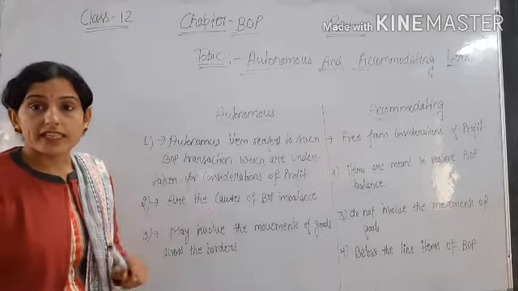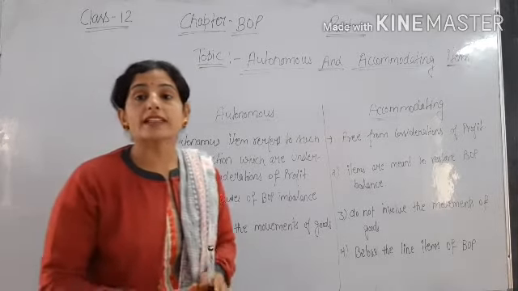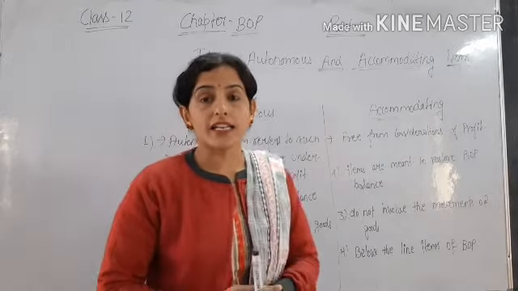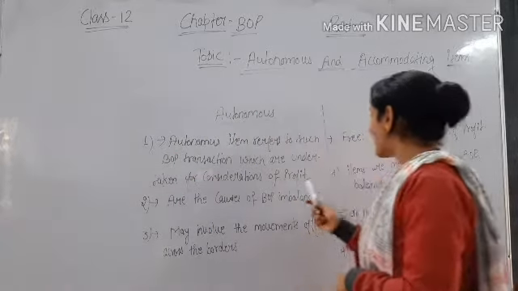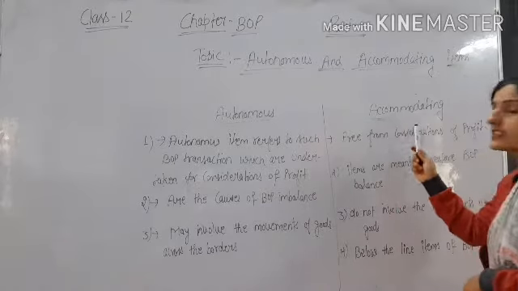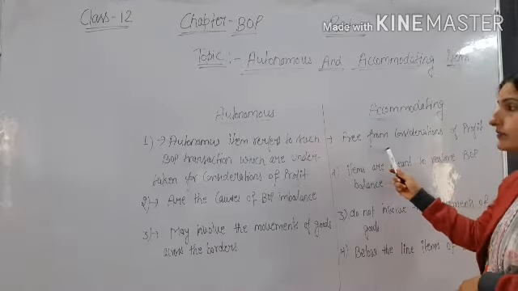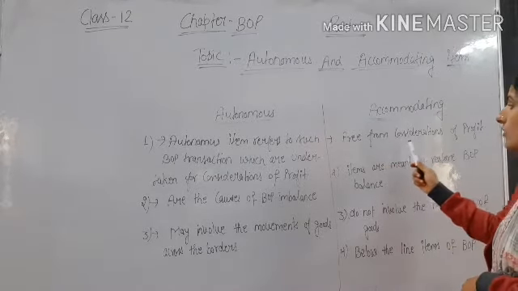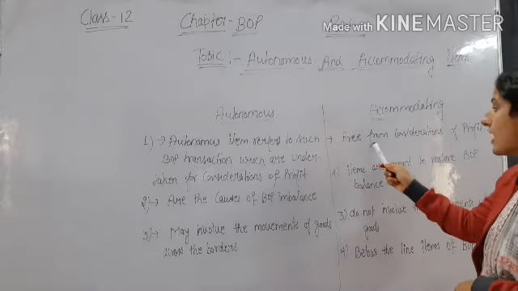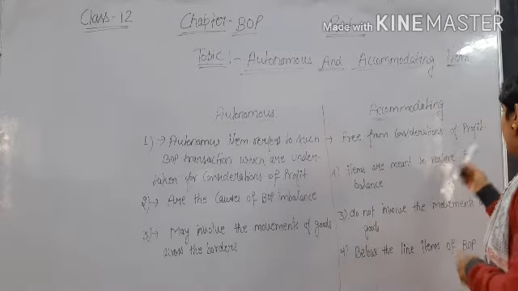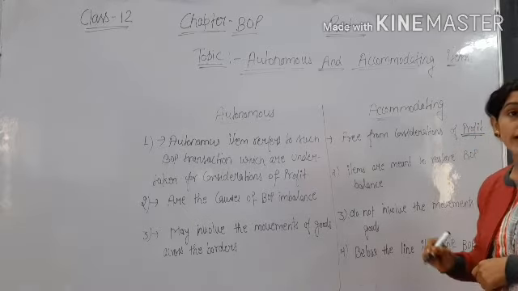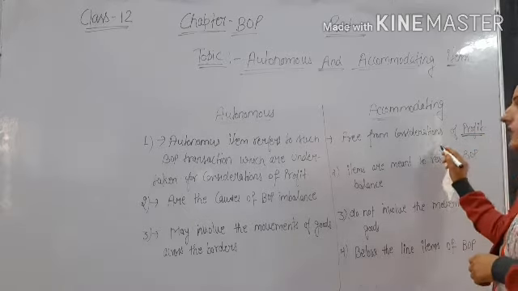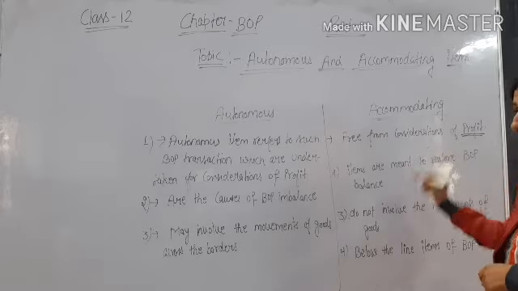Means there is profit when these items are included in the transaction. But accommodating items refer to those items which are free from consideration of profit. Means these are not included in the transaction for making of profit.